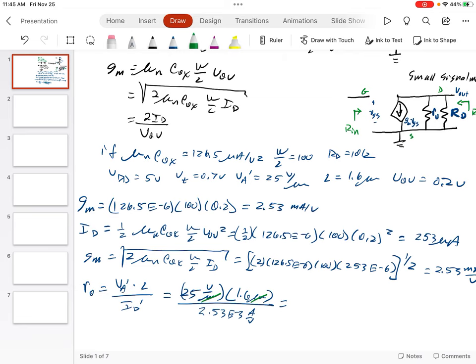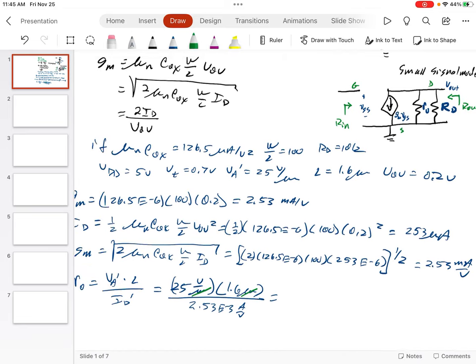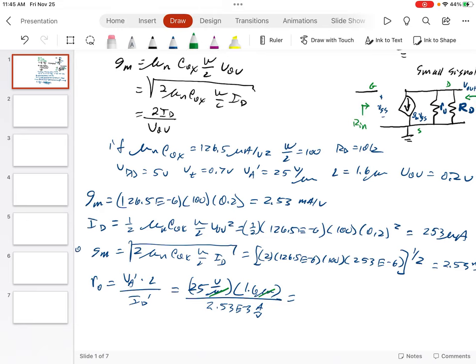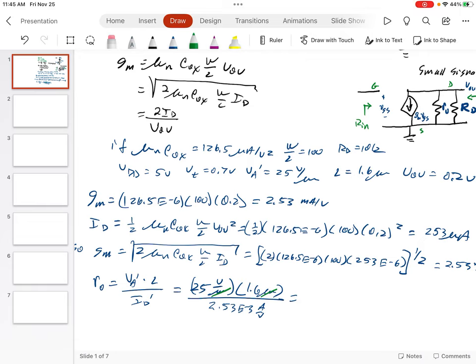I'm just a little stumped because I'm not going to get the right units, and I haven't noticed that before. What am I missing? Oh, well, of course.